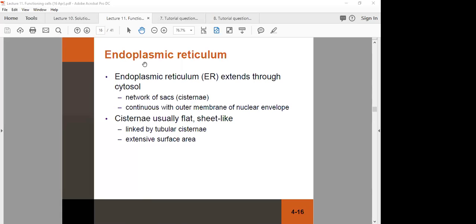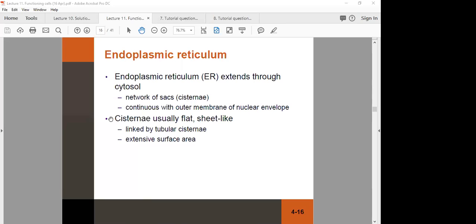All right, our next organelle, the endoplasmic reticulum, abbreviated to ER, extends throughout the cytosol. It consists of a network of membranous sacs called cisternae, and it's continuous with the outer membrane of the nuclear envelope. So remember the membrane of the nucleus.